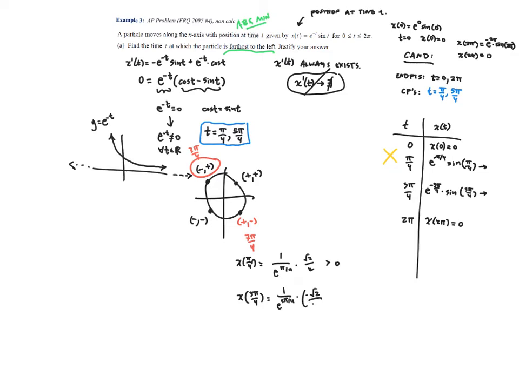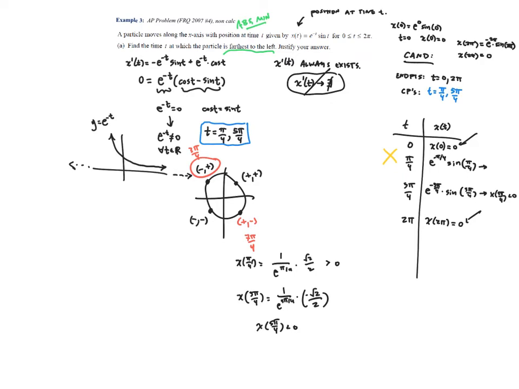So I know then that x of 5 pi over 4 is less than 0. So is a number less than 0 less than the actual number 0? The answer to that is clear.